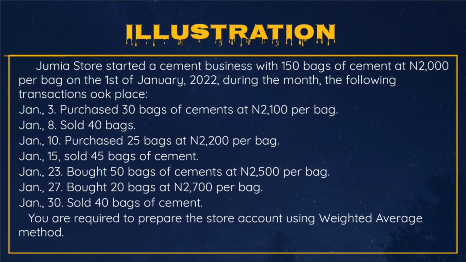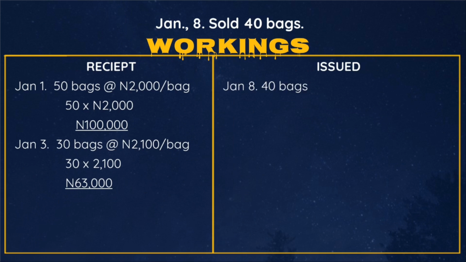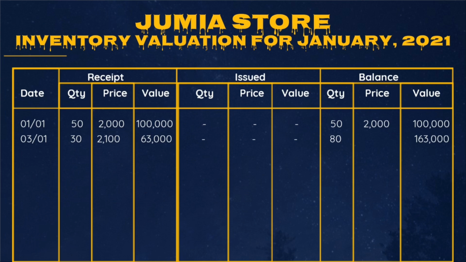Then the next item, January 8, sold 40 bags of cement. That's where we are. This time around we have sales, that is an issue. Under the issue, January 8, 40 bags of cement. At what amount? Remember, we are using the weighted average method. So what is the formula? The formula for the weighted average method is the total value divided by the total quantity. We are talking about the balance.